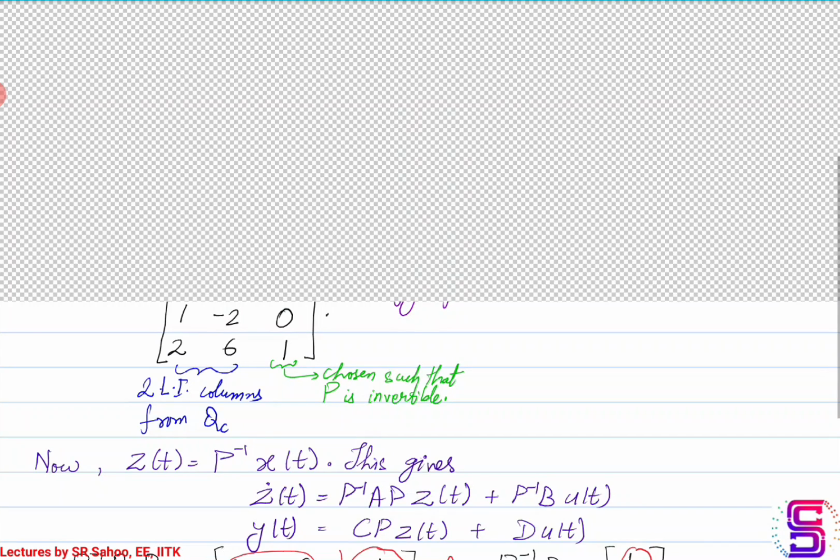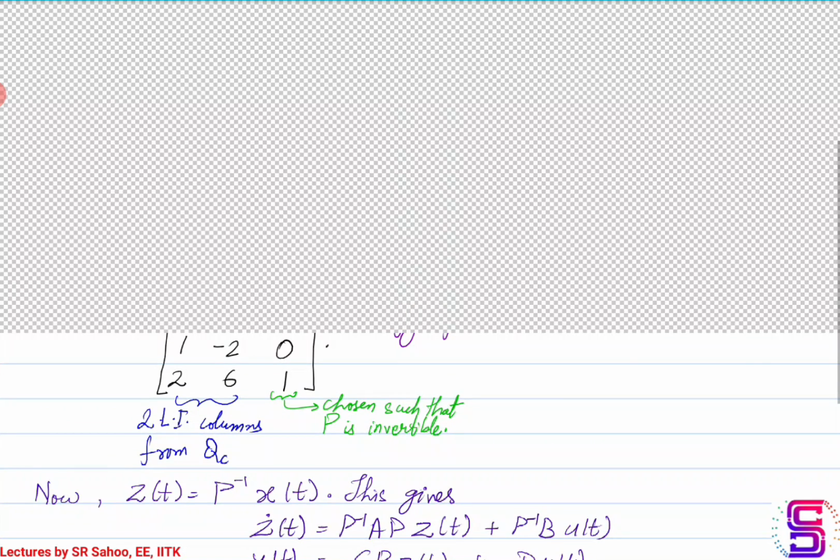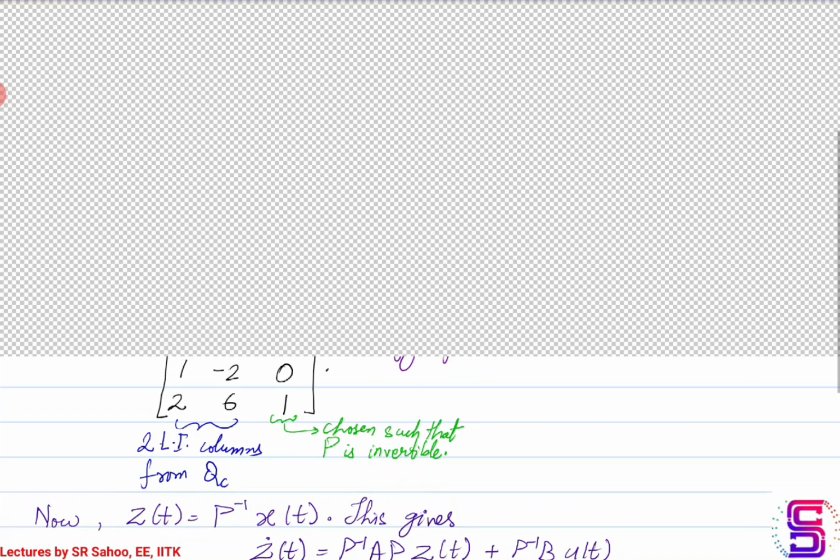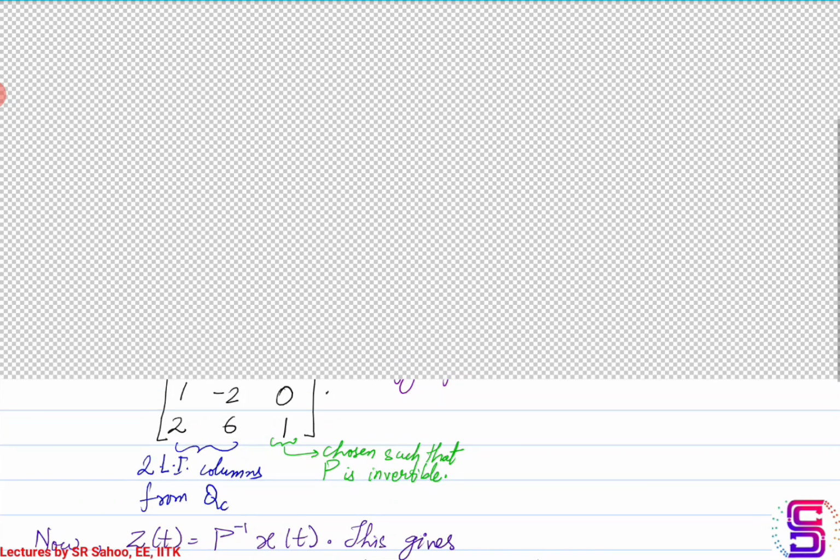We just have to verify whether the eigenvalues of AC bar have negative real parts or not. In this case, the eigenvalue of AC bar has a negative real part. So what we have in our hand is a system which is stabilizable.